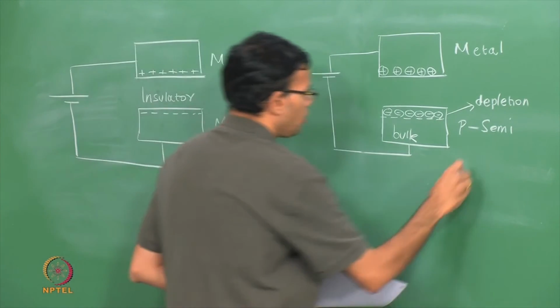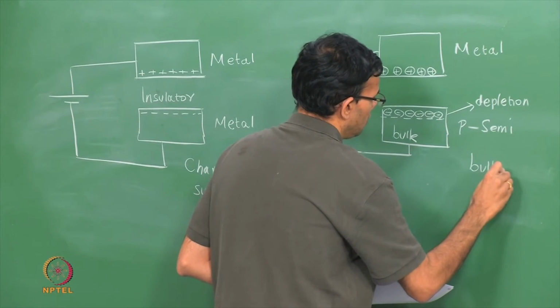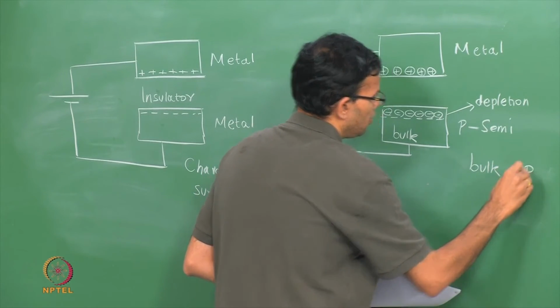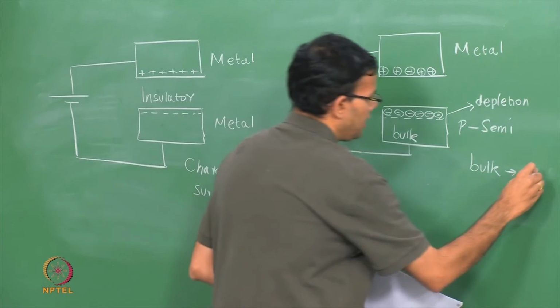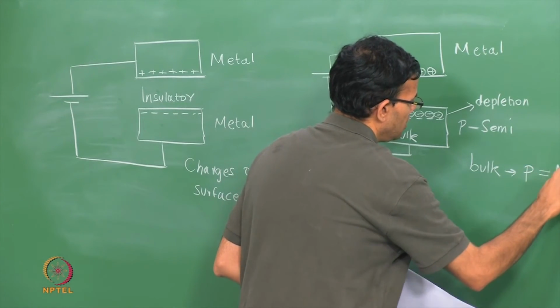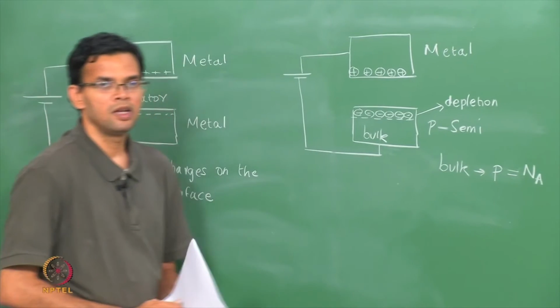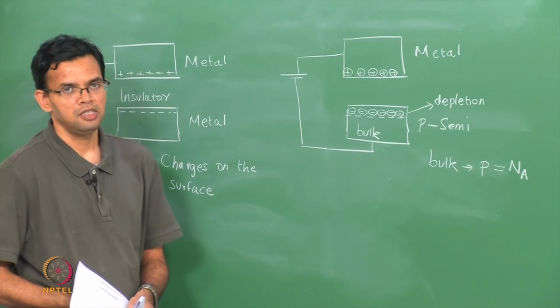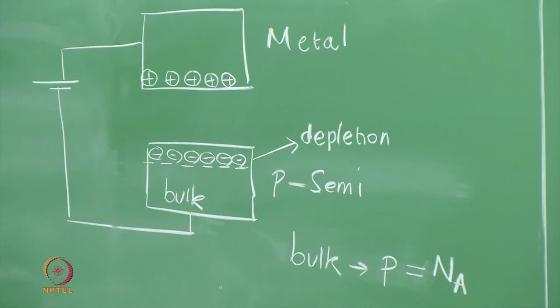Within the bulk of the semiconductor, it behaves as your regular p type. So, P is equal to Na, but in the depletion region you have fewer holes, less than Na.